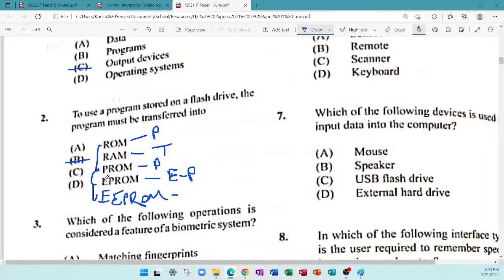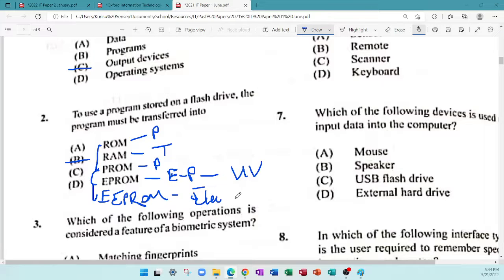EPROM erases the data with ultraviolet, so you gotta use ultraviolet to erase that data. The E in EEPROM stands for electrical, or electricity. Basically, it uses electricity to erase the data. So EPROM is erasable programmable read-only memory, but it uses ultraviolet to erase the data.